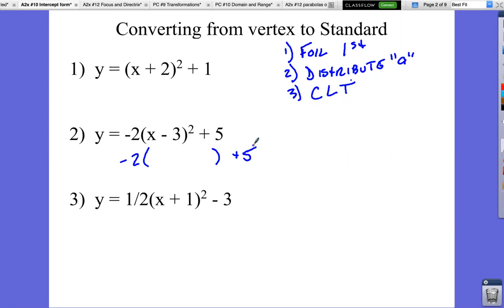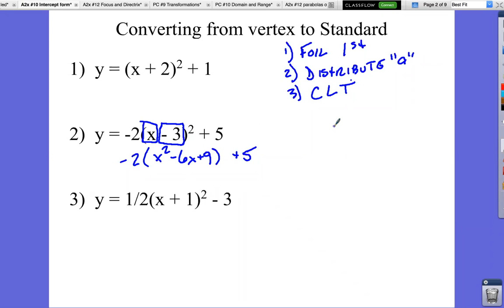All right. So again, we square the first term. So I've got x squared. Then I take 2 times this term times this term. So 2 times negative 3 is negative 6 times x is negative 6x. And then negative 3 squared is plus 9.